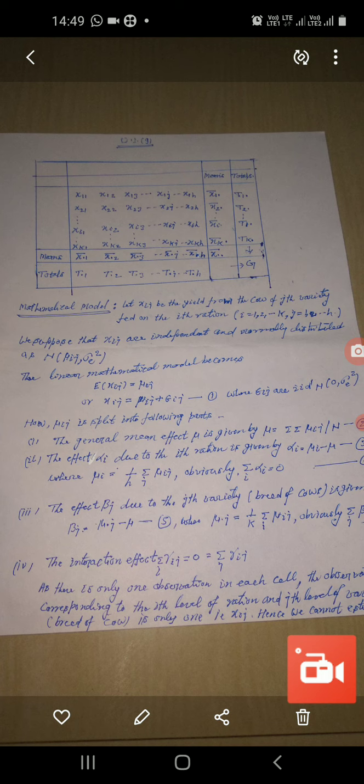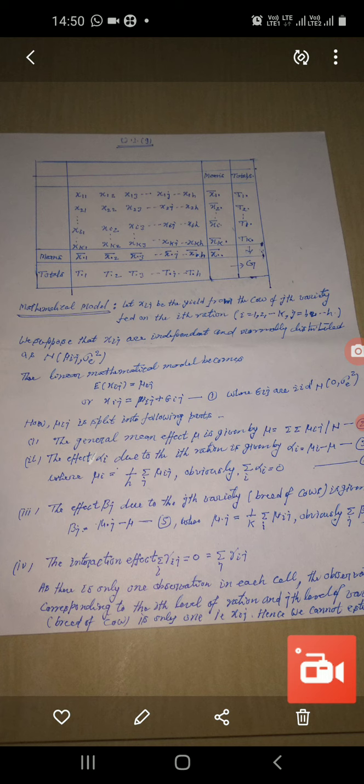Similarly xi1, xi2, xi3 and so on, xij and so on, xih, and its mean is xi dot bar and total is ti dot. And in the last row we have xk1, xk2, xk3 and so on, xkj and so on, xkh, and its mean is xk dot bar and total is tk dot.